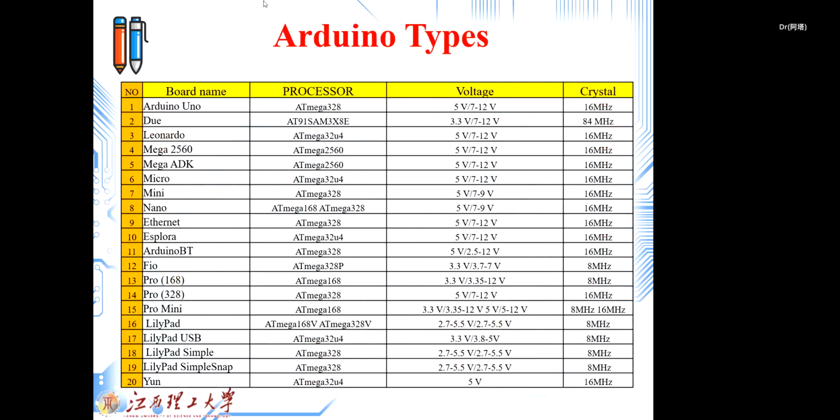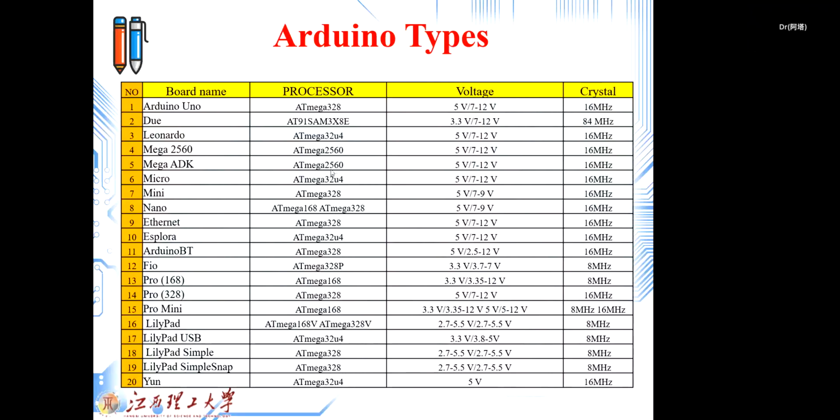Okay. Then till today we have 20. I think there are more, but 20 are the total list that you can find on the Arduino webpage. And you will see the different processors that are used. Suppose the Explorer and the Arduino BT, which is the Bluetooth one, or the FIO, you will see that they use the same as we use in the Uno.